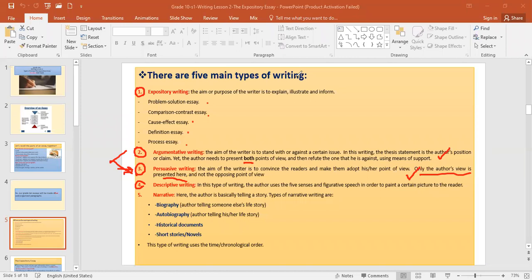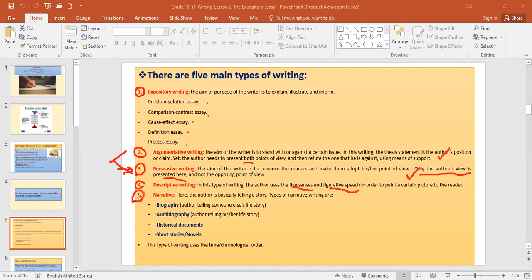Okay, and the elements of descriptive writing, just like the ones you took in Arabic language, you have to include a lot of feelings, a lot of senses, figurative language, emotions, similes, metaphors. You still remember those, hopefully. Personification, yes. All of those are elements in descriptive writing.